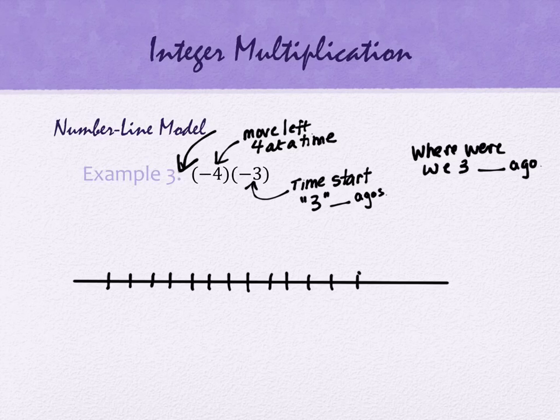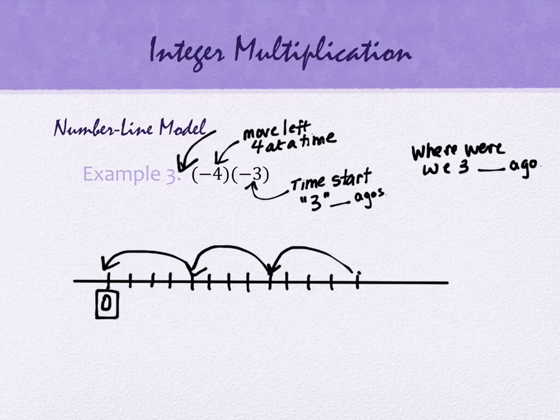So here's my first jump of 4, here's my second jump of 4, and here's my third jump of 4. Without any numbers on the number line, I made 3 jumps left, 4 at a time. And basically I end at 0. Wherever I started, I end at 0, and the question is, where did I start? And the answer is 12.